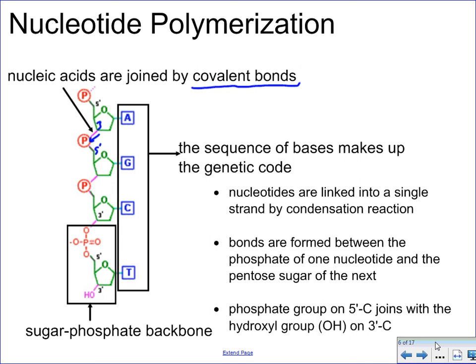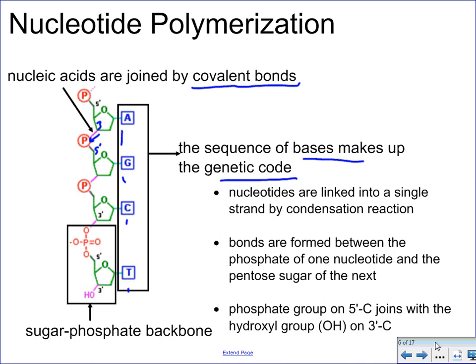When these are joined together, this creates a sequence of nitrogenous bases, and the sequence of those bases is what makes up the genetic code.